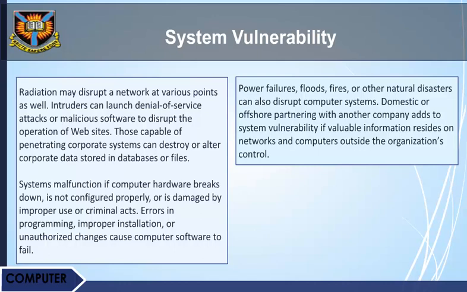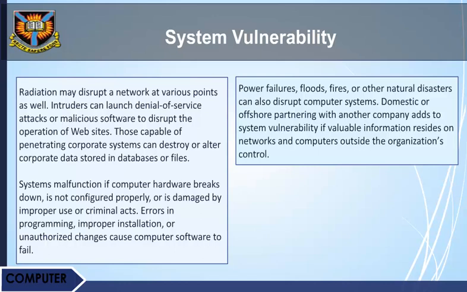Systems malfunction if computer hardware breaks down, is not configured properly, or is damaged by improper use or criminal acts. Errors in programming, improper installation, or unauthorized changes cause computer software to fail. Power failures, floods, fires, or other natural disasters can also disrupt computer systems.